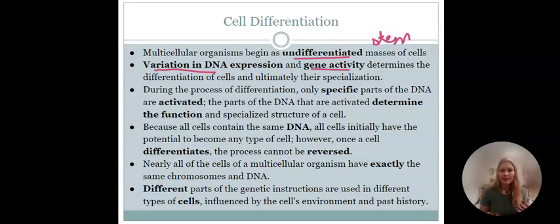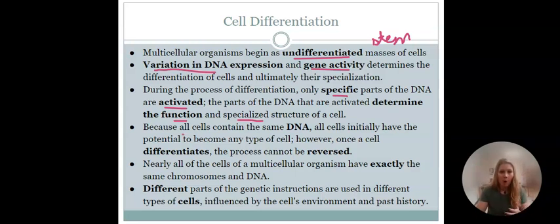During the process of differentiation, very specific parts of the DNA are activated. Those parts of the DNA that are activated will then determine the function and therefore the specialized structure of a cell, because not all cells look the same. So again, structure determines function.